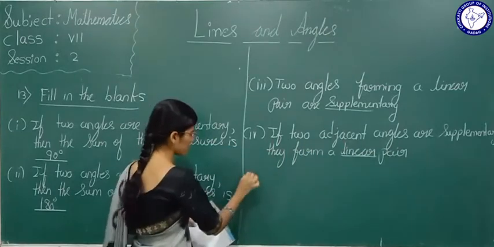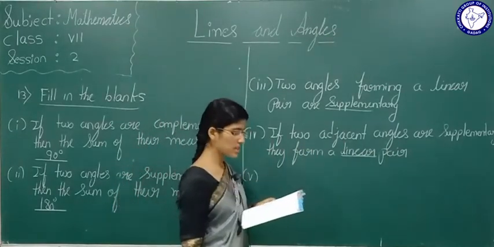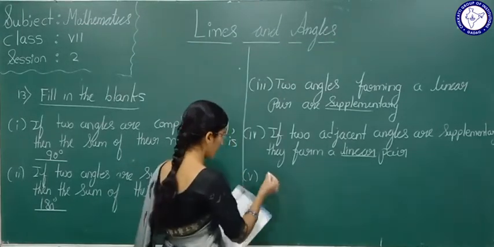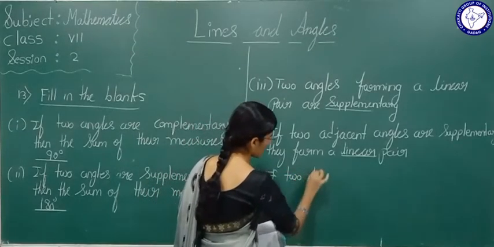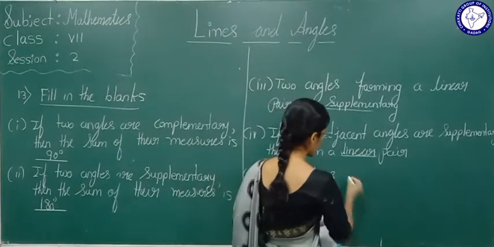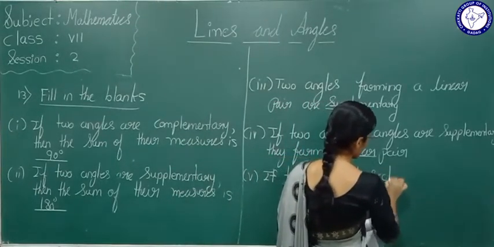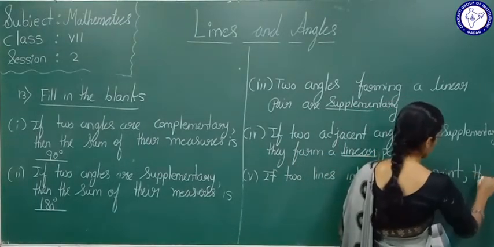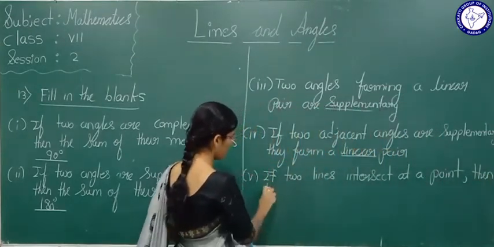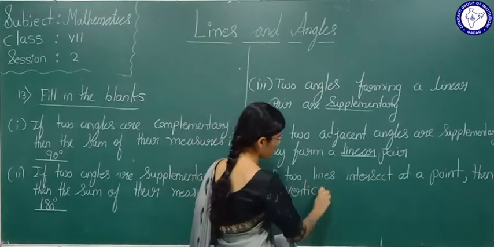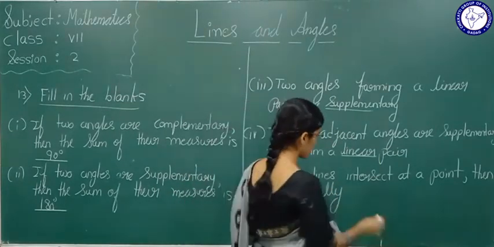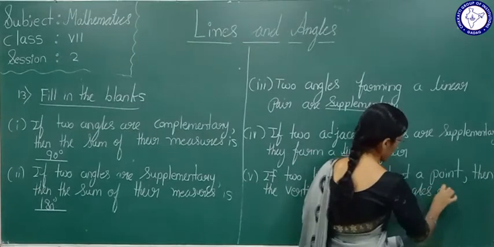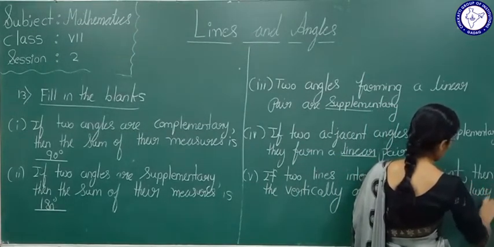Now see the fifth one. If two lines intersect at a point, then the vertically opposite angles are always what, students?